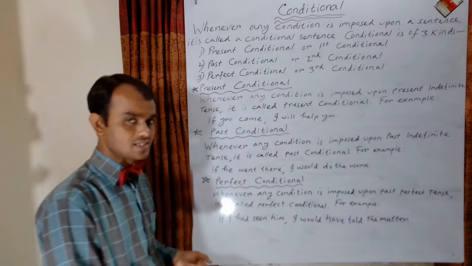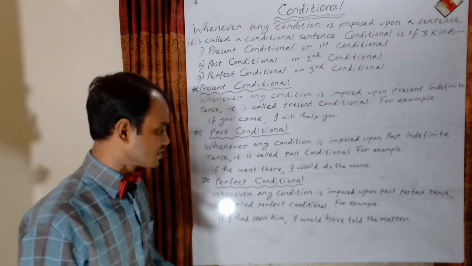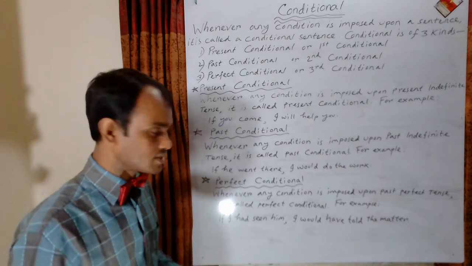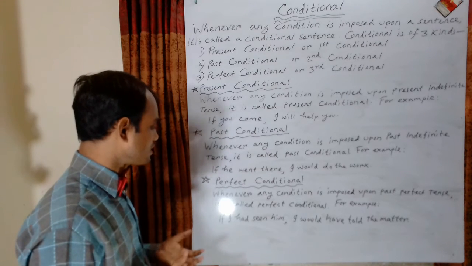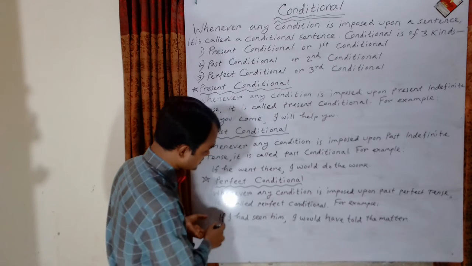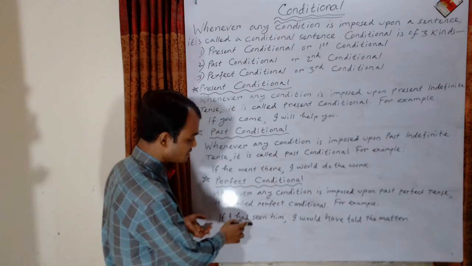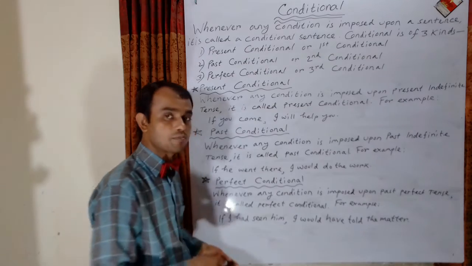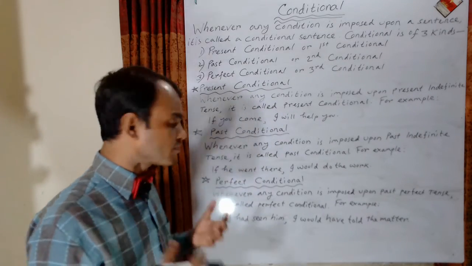It is a perfect conditional sentence because the condition is imposed upon past perfect tense: subject had plus the past participle of the verb, seen. For this reason, this is a perfect conditional sentence.